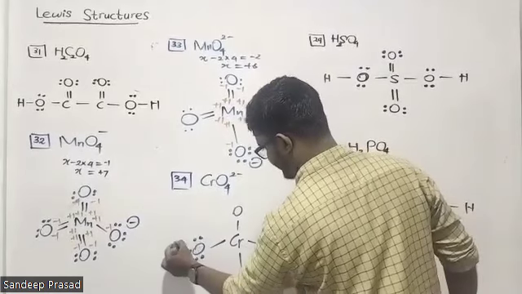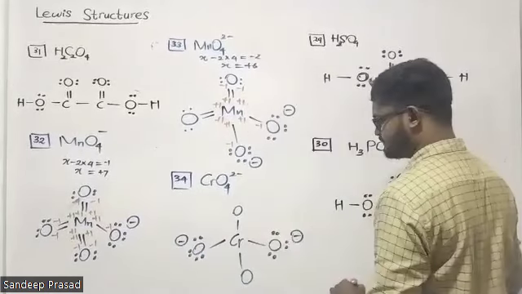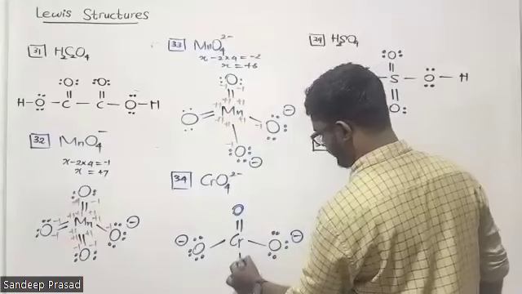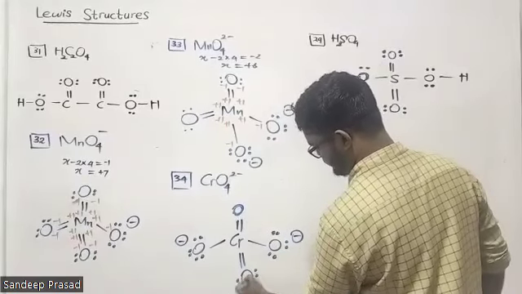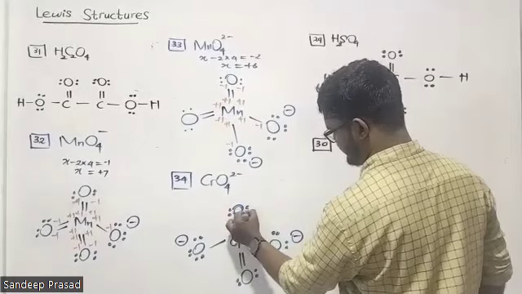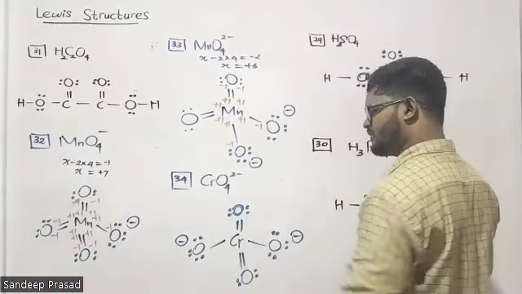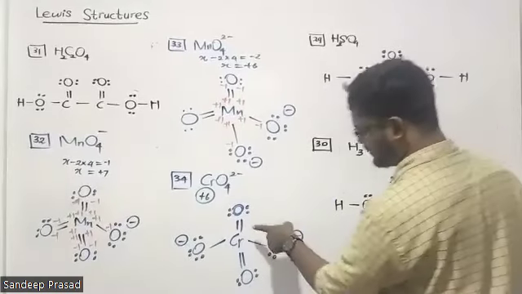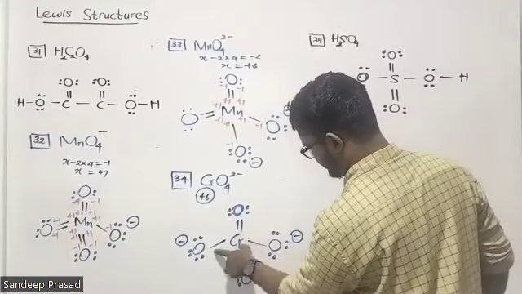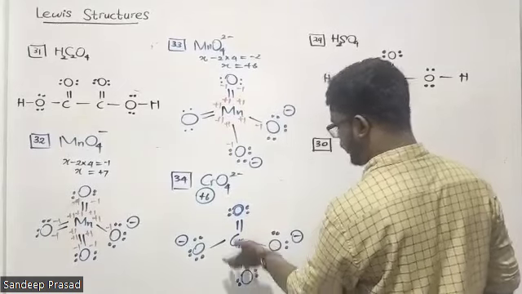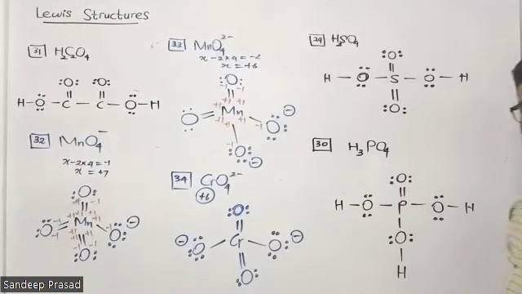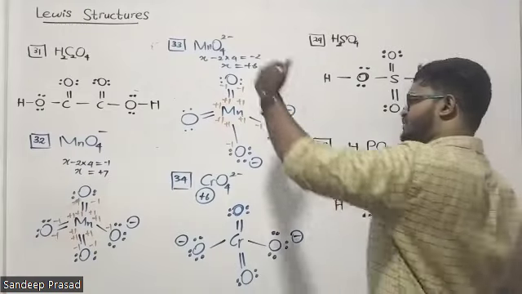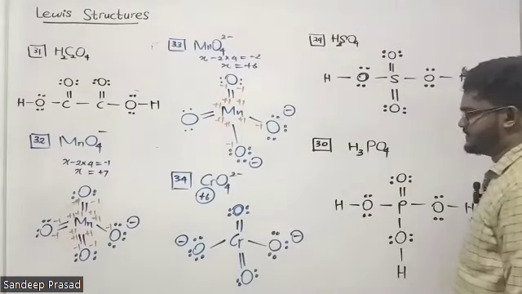Connect that through a single bond, minus minus here. Then chromium and oxygen make a double bond. Chromium's oxidation number is what? +6 here. You do the calculation. Then when you go through the bonds, -1 + 1, -1 + 1, -1 + 1, -1 + 1, chromium will be +6. See how the oxidation number is also connecting to these Lewis structures. Interesting.